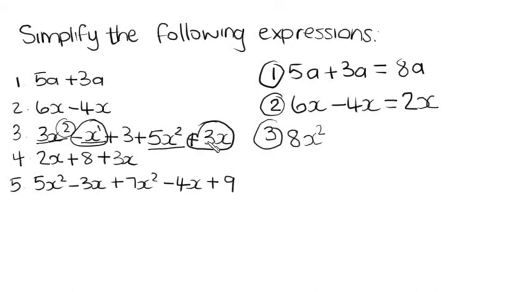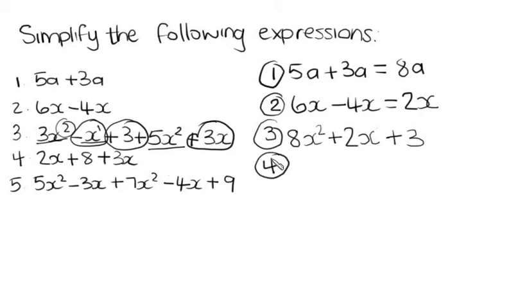So I have 3 minus 1, which gives me positive 2x, because my variable would remain the same as well as my exponent. Okay, the last term I have here is positive 3. Now positive 3 is known as a constant because there is no other constant within this expression. It just remains a positive 3. And there we go. There we simplify that expression.